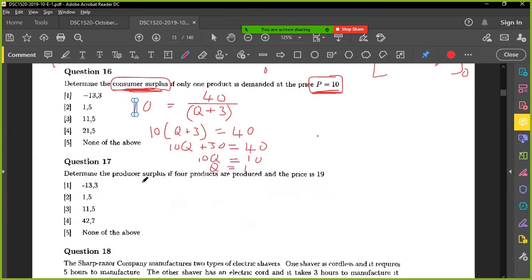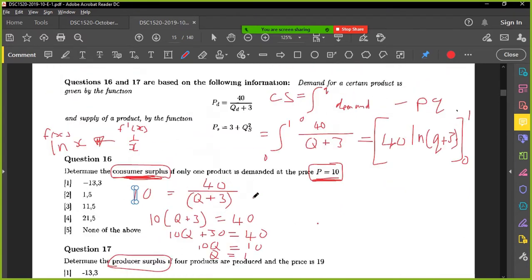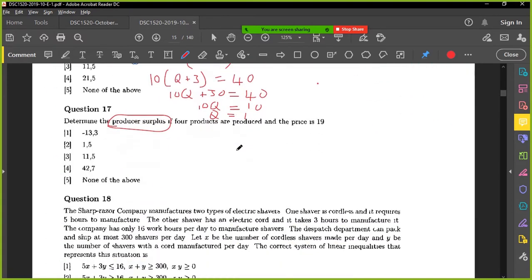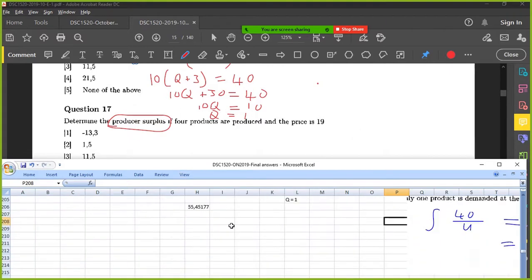17. Okay, 17 as well. Producer surplus. So producer surplus, what do you have here? Is that linear or non-linear? That's non-linear. Q squared, hey? Yep. Okay, so producer surplus, you're going to need that formula.